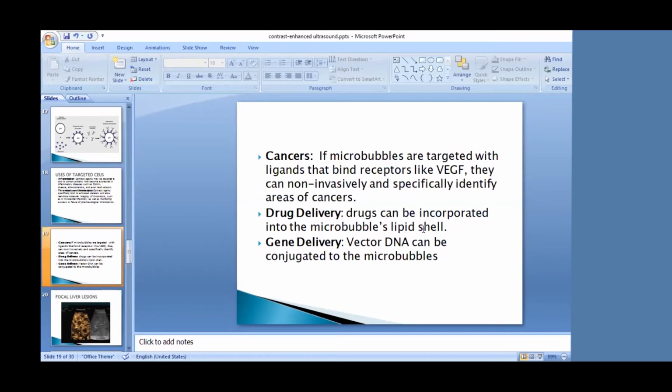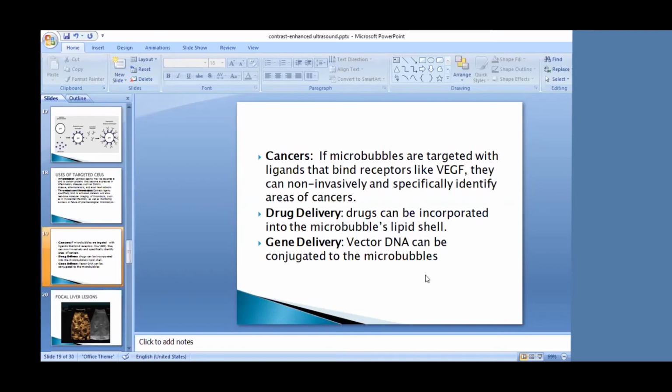Drug delivery. We can use our microbubbles to deliver drugs, okay. Meaning we want to deliver a drug to a specific area, so we will attach the drug to our microbubble, and when it reaches that area, it will release that drug. The drug can be incorporated into the microbubble lipid shell. Gene delivery, okay, vector DNA can be conjugated to the microbubble.